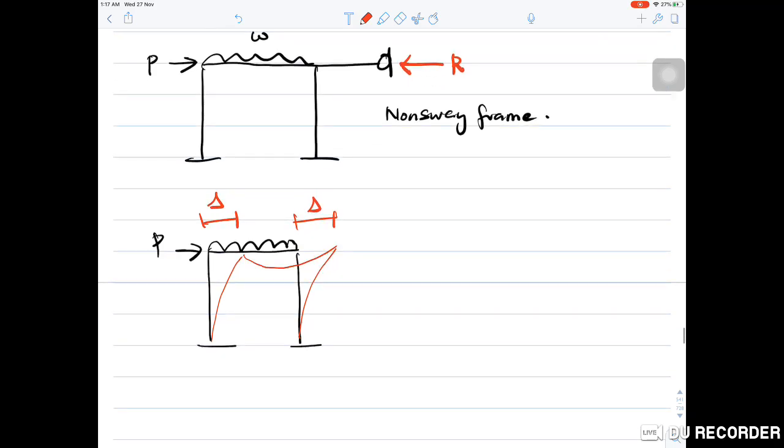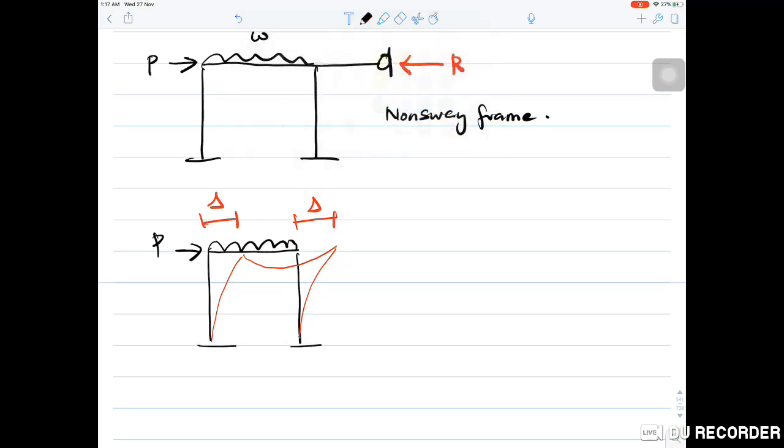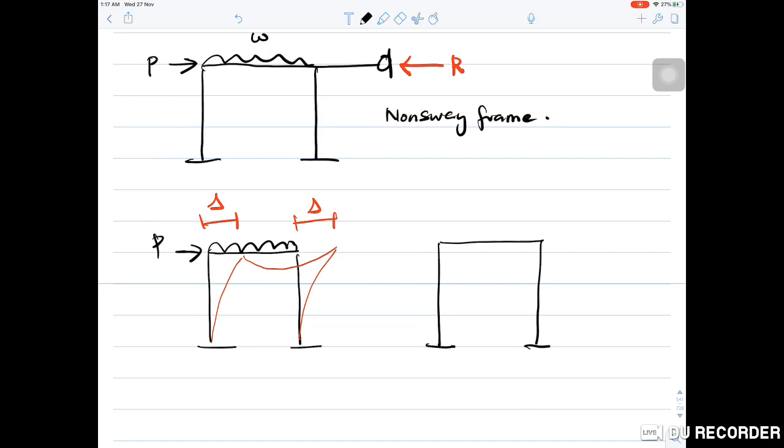So if we want to change this condition to a non-sidesway frame, we have to put this like this. From sidesway, it means we must put a support here.